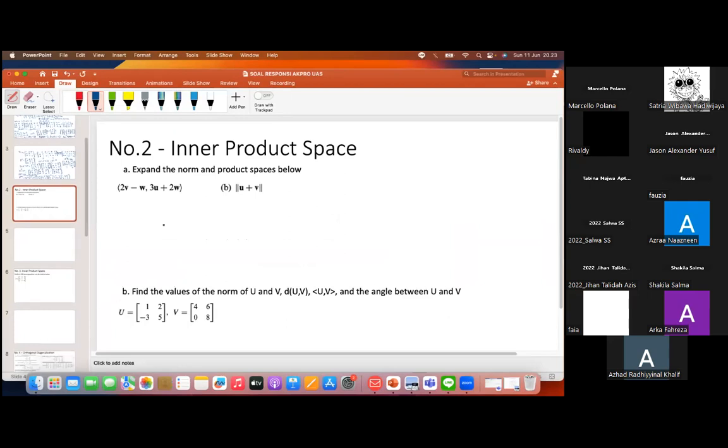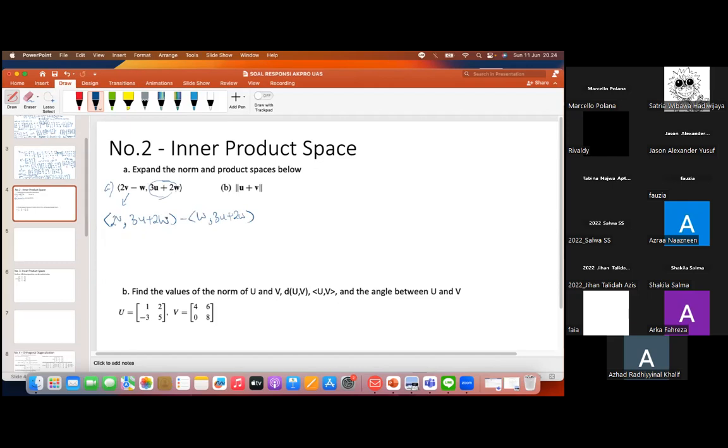For this one, for 2v minus w, comma 3u plus 2w, how do we solve this? The first thing that we do here is to treat this part as a constant. So we have 2v, comma 3u plus 2w, minus, because there's a negative here, w, comma 3u plus 2w.